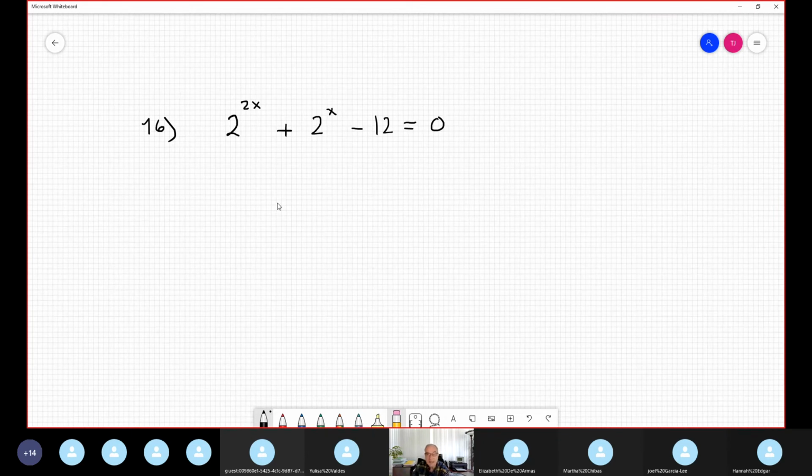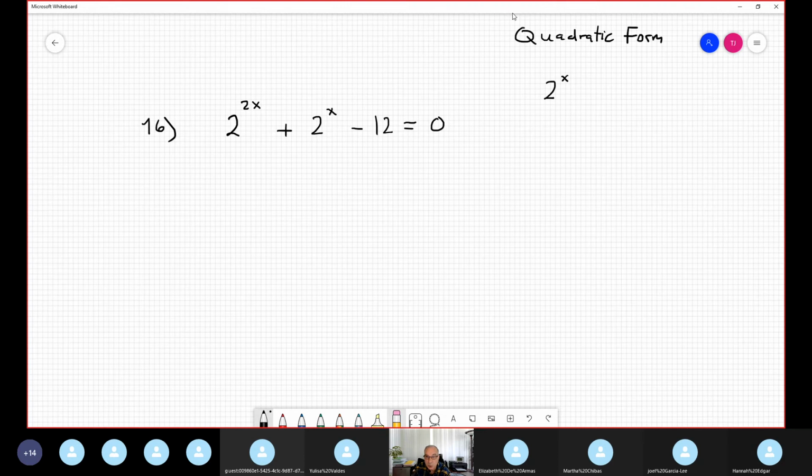But I realize that we have one expression, which is 2 to the x here, and here we have the exponent twice. So, this is a classical equation that is quadratic in form. Quadratic in form is an equation we studied in the first chapter.